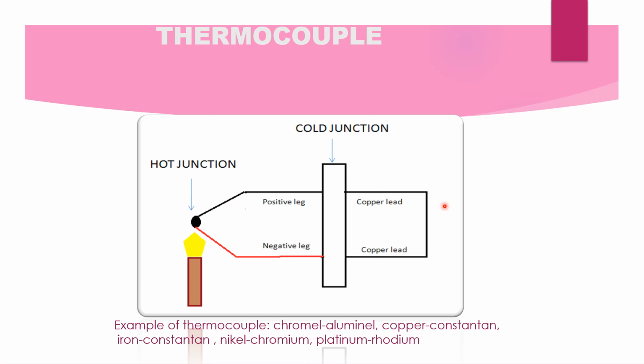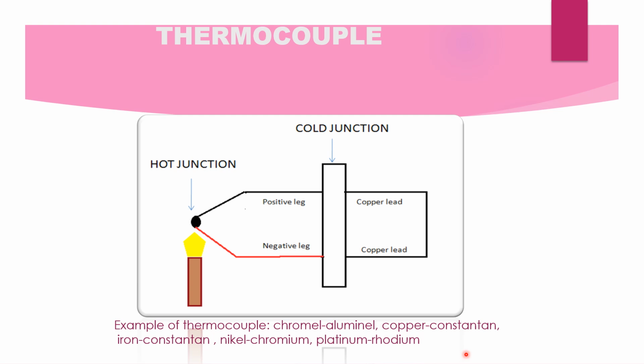It works on the Seebeck principle. The Seebeck principle is, when we have two dissimilar metals, I have given some examples. Some examples of thermocouples: chromel aluminum thermocouple, copper constantan thermocouple, iron constantan thermocouple, nickel chromium thermocouple, platinum rhodium thermocouple. Likewise, platinum ruthenium thermocouple is also there. So in all the examples we saw two metals which are dissimilar. They are not similar.